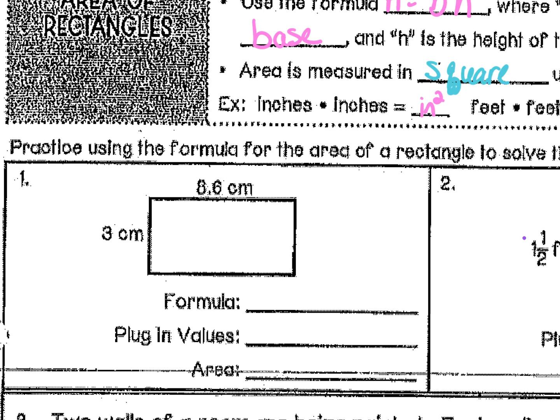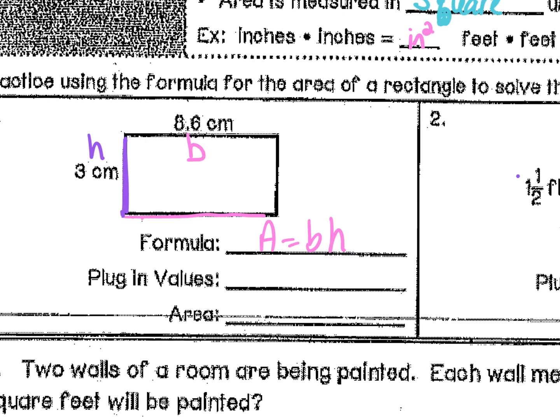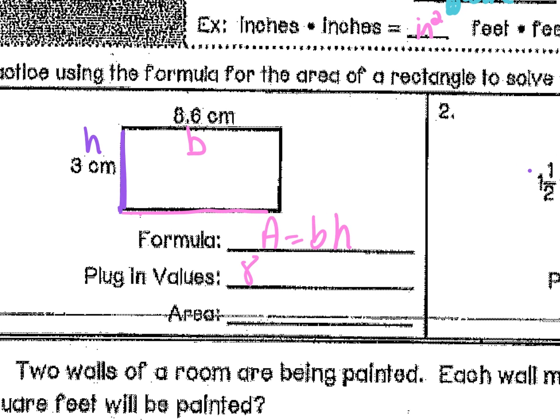Okay, so our formula we're going to use is area is equal to base times height, where usually the base is the bottom, but we know the bottom and the top are the same. So this is the base, and then we have the height here is how tall it is. Because we're multiplying, it really doesn't matter which one's which. Okay, so we're going to plug in our values. Our base is 8.6 centimeters.